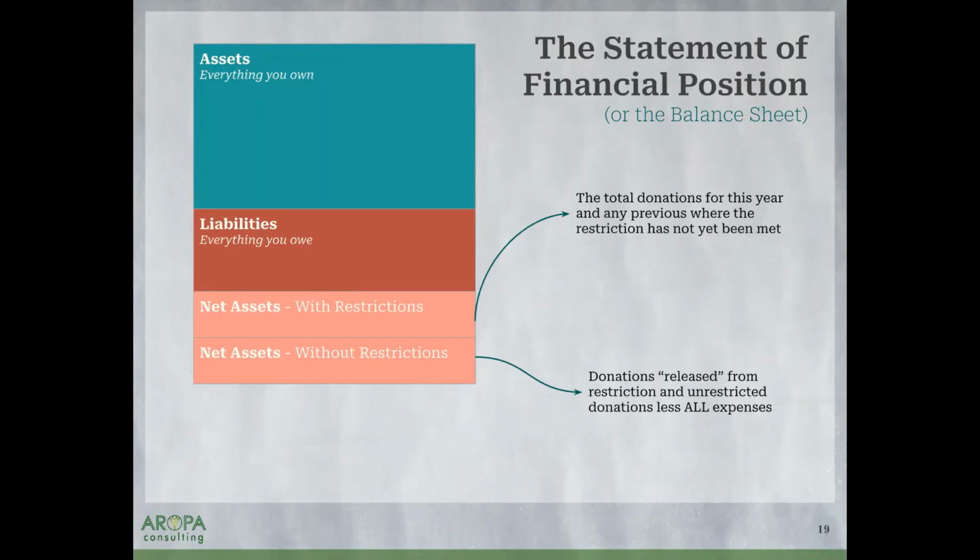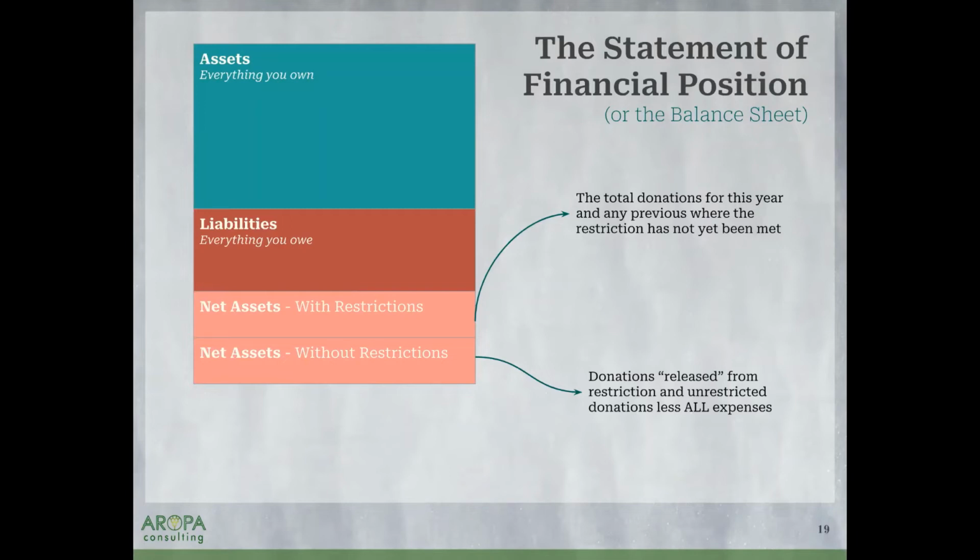Now, these are obviously very complicated to piece together. Most financial packages, like QuickBooks or any other system, organize these financial statements for you. The point here is to understand what they say, what they mean, and in the nonprofit context, things you need to keep in mind.